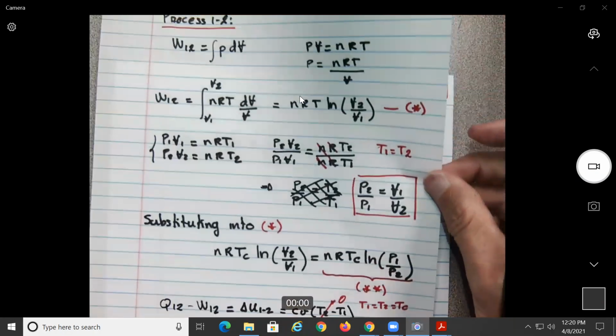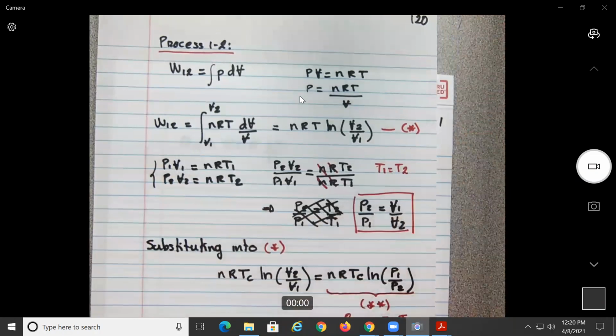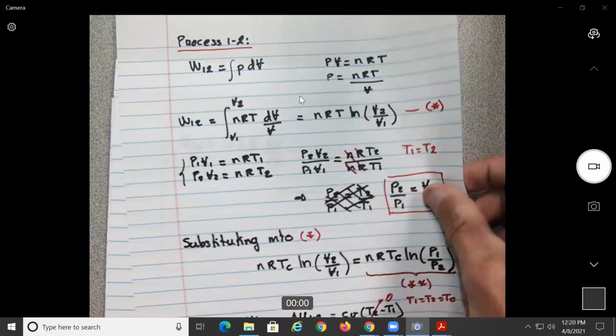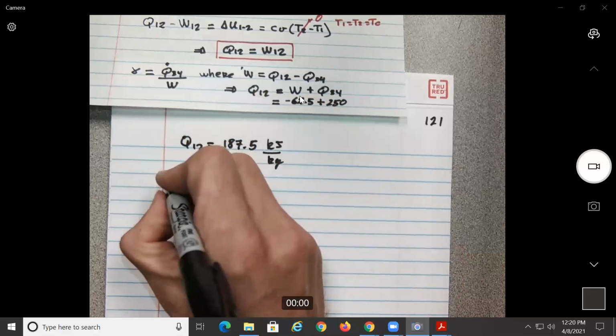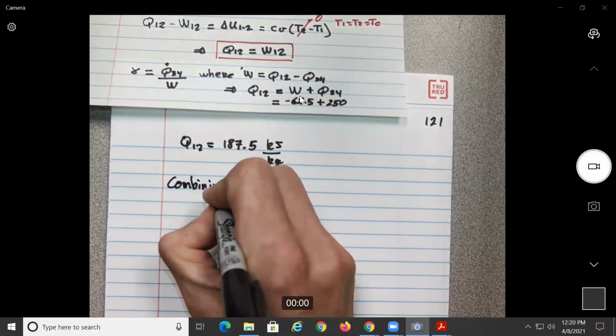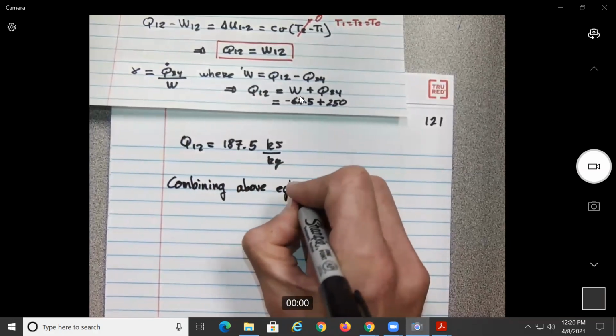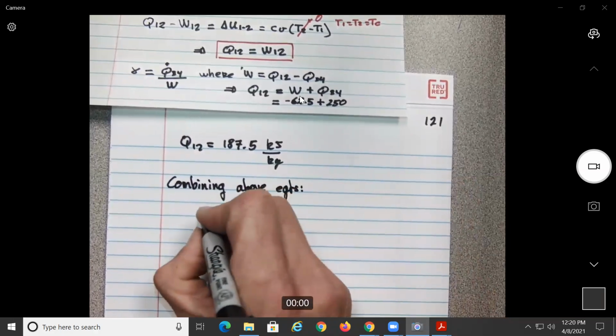Okay, now from this relation, what do we know? Work 12 is equal to this expression, and work 12 will be equal to Q12. So combining the above equations, what do we have?